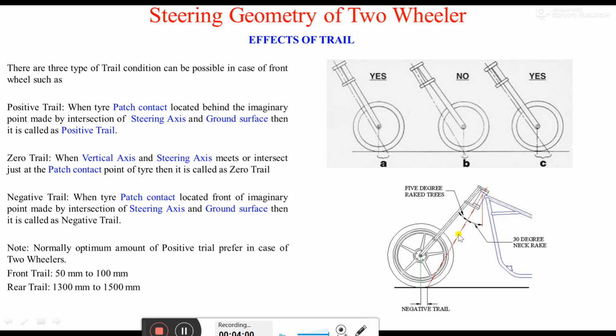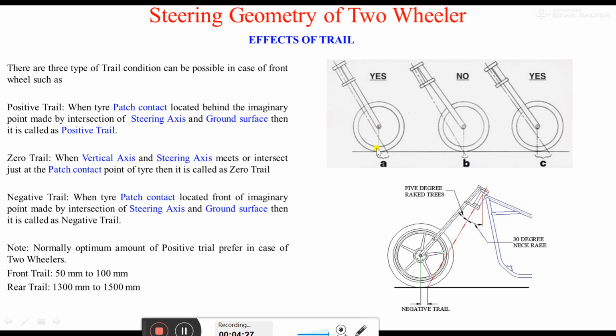The distance between the steering axis intersection point with the ground surface and the vertical axis intersection point with the ground surface is called the ground trail. So now this is a ground trail, but whenever the ground trail lies behind the vertical axis intersection point, then it is called a negative trail.